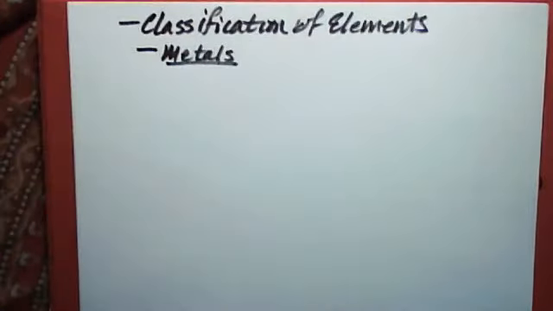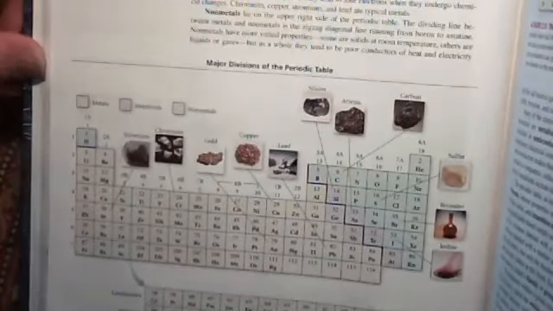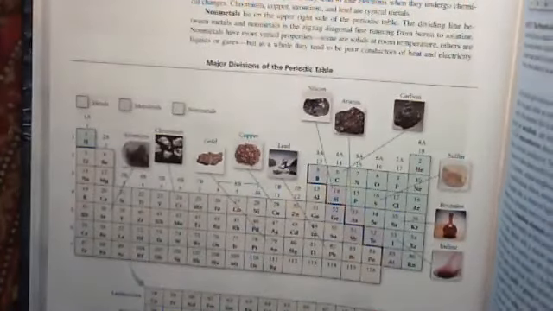The divisions between metals and nonmetals and the stuff in between are shown on page 60 in the textbook in different colors, which probably don't come through very well on the video.